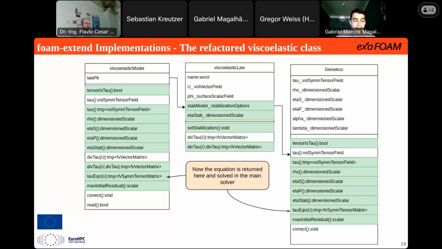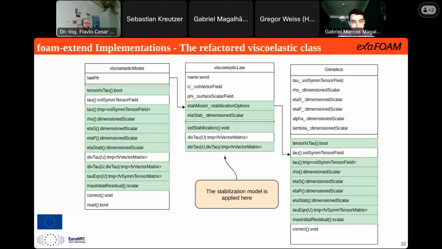So now we have a new member function named tau eqn, returning just the equation of tau. It's important to mention that it's just implemented for the rheological models which solve directly the tau tensor, because we have some models that obtain tau from other tensors, and for those models obtaining tau, the structure of correct is exactly the same as the previous version.